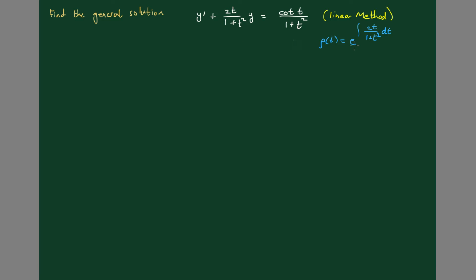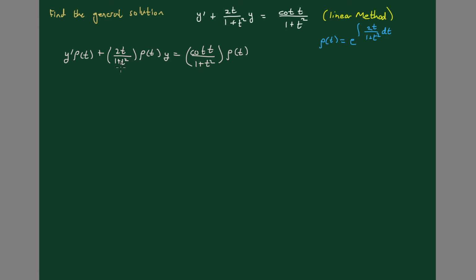So if we multiply rho of t to the left-hand side and the right-hand side of the equation, we have y prime multiplied by rho of t plus 2t divided by 1 plus t squared multiplied by rho of t times y is equal to the cotangent of t divided by 1 plus t squared also multiplied by rho of t.